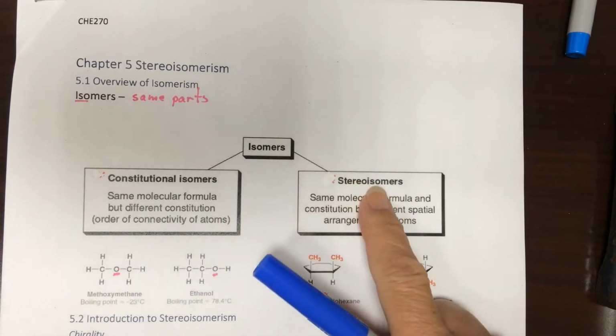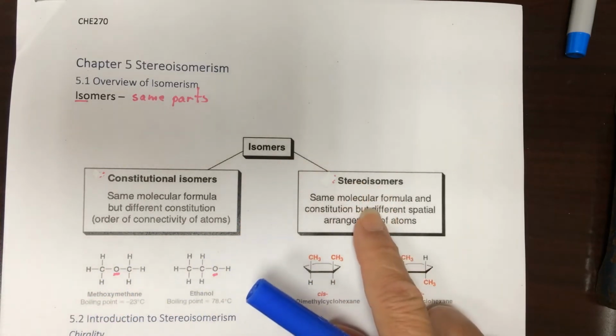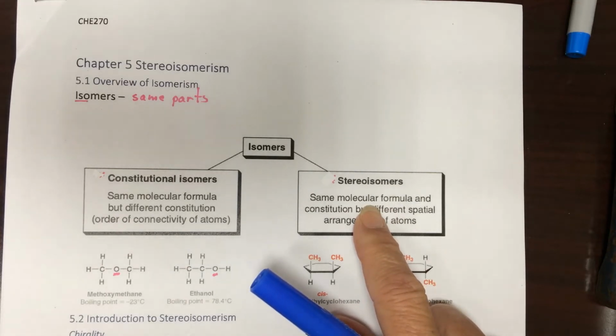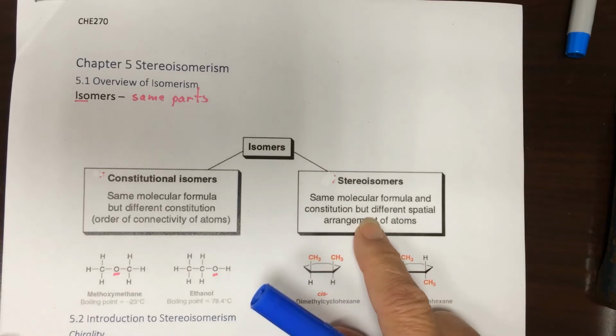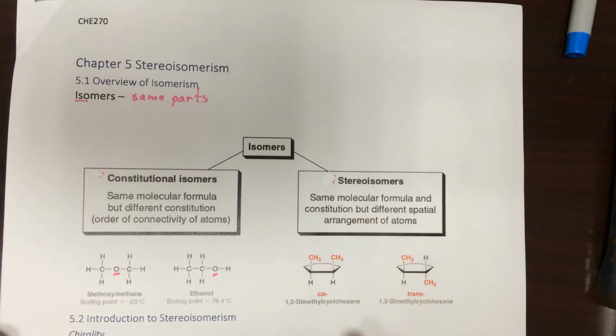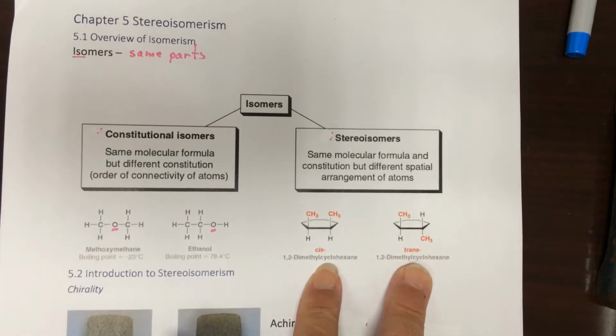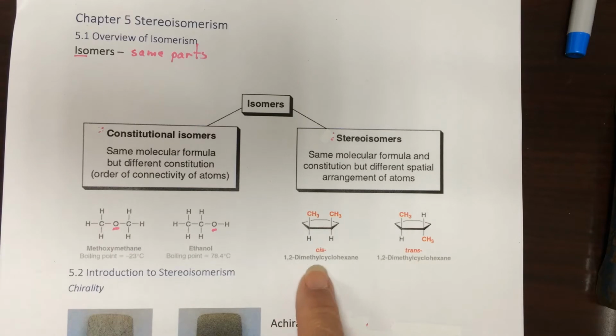Isomers are also stereoisomers. These also have the same molecular formula, like constitutional isomers, but the atoms are put together in the same order, but with a different spatial arrangement. So here we have an example of a stereoisomer. It's a cyclohexane. They have the same atoms, the same formula, and even the same connectivity.